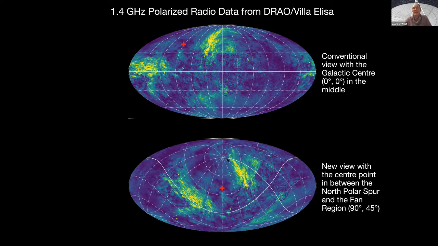And suddenly these two features don't look so disconnected anymore. They look like they're going roughly parallel to each other, and that there could be some connection there. What's more, the North Polar Spur no longer looks to arch so convincingly over the galactic center.